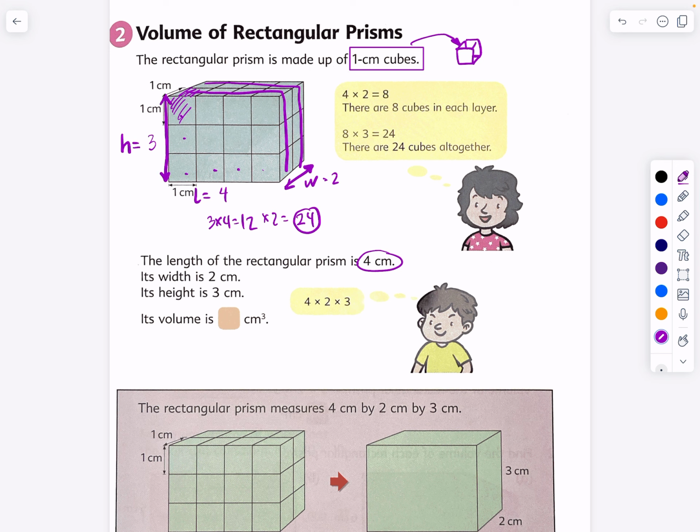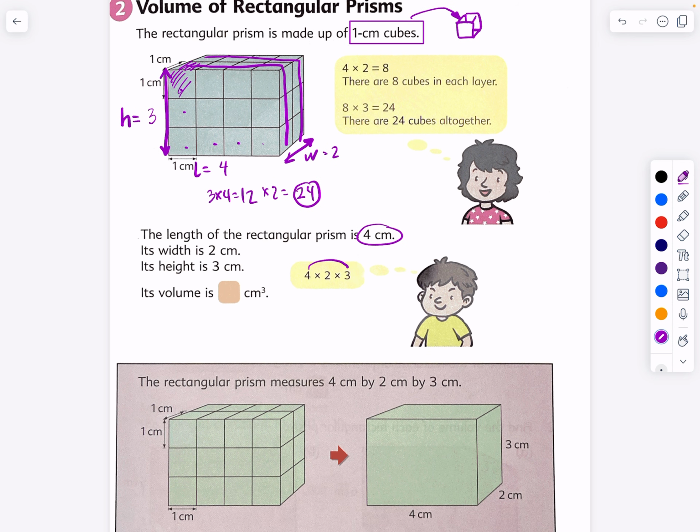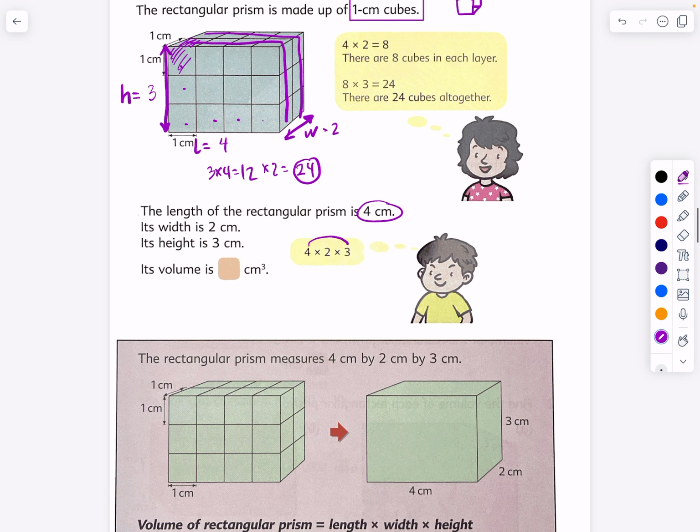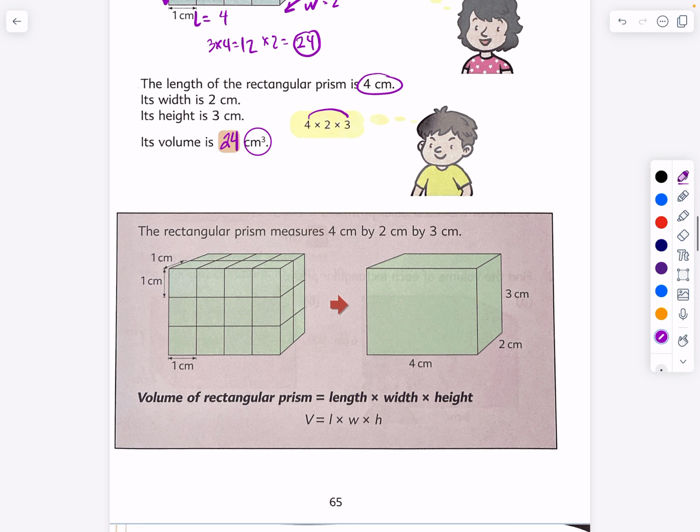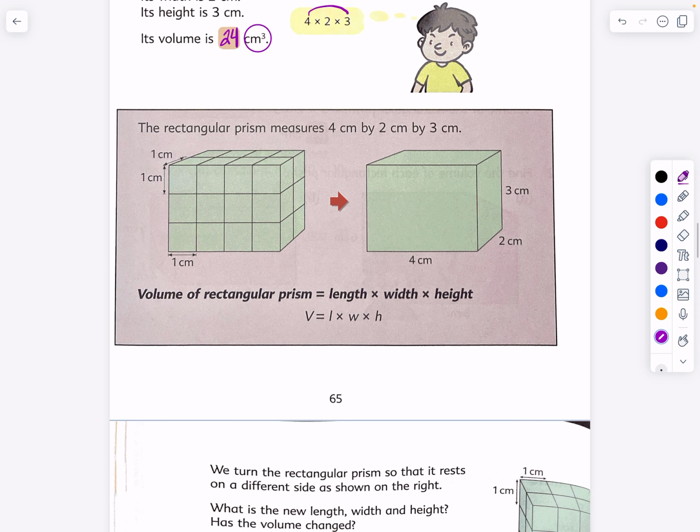So altogether we have 4 by 2 taken 3 times, or the other way, 3 by 4 taken twice. Whichever way you look at it, you will have 24 cubic centimeters. Friends, units are very important. Now, we can look at it like this. Let's say we have no lines of separate cubes.